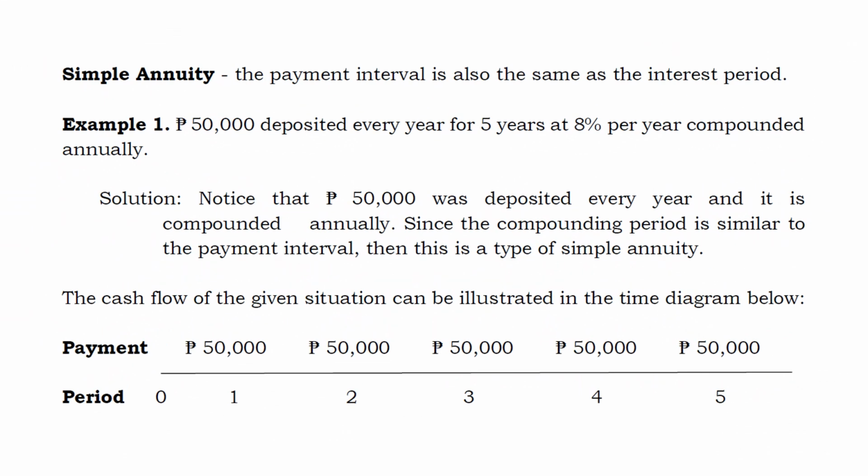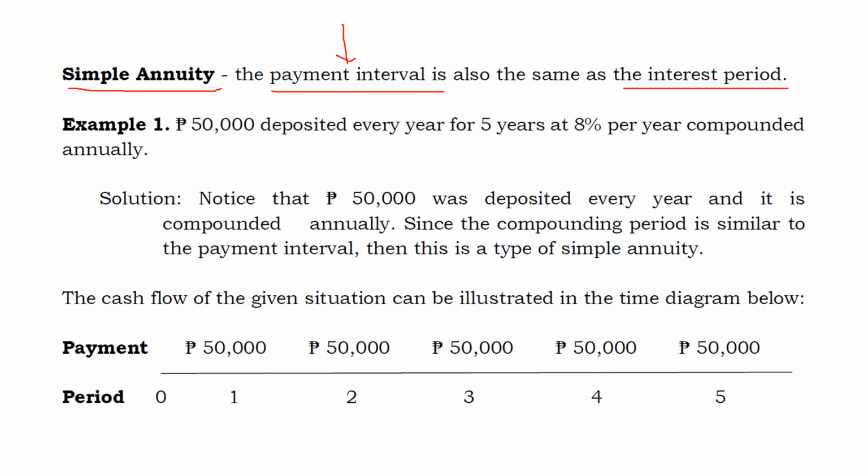Now, again, for an example of a simple annuity, on how we apply it in solving a particular problem. When we define a simple annuity, the payment interval is the same as the interest period. So these are the things we need to consider when applying a simple annuity.